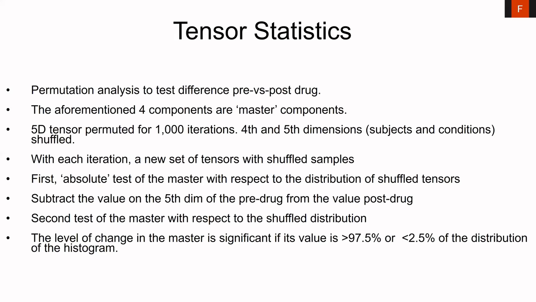And I will show you results with a first absolute test to check where our master component places with respect to this distribution of shuffled tensors. Then I will subtract the values on the 5th dimension, post minus pre drug, and show some other statistical results with the second test, where the master is basically post minus pre.